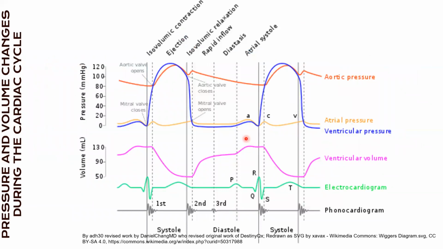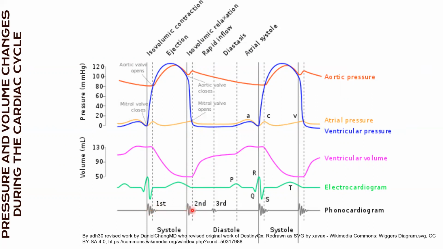It seems a busy image for the pressure and volume changes during the cardiac cycle. Okay, so you could see here the aortic pressure changes, the ventricular pressure, atrial pressure, and the ventricular volume. This is an electrocardiogram with the P wave, QRS complex, and the T wave. And then the phonocardiogram wherein we hear the lub and the dub sounds.